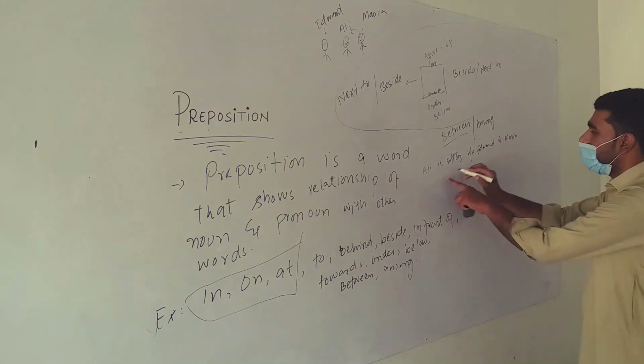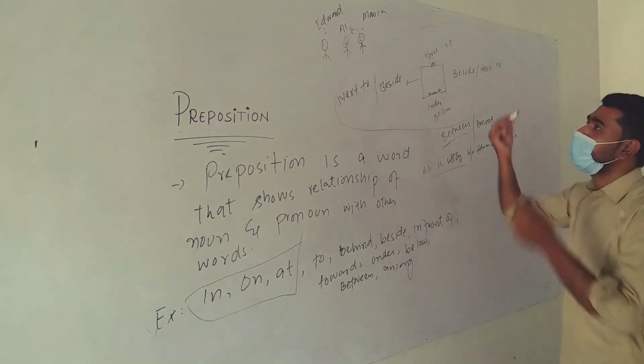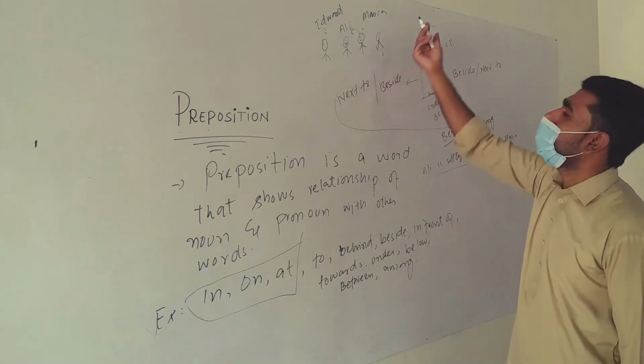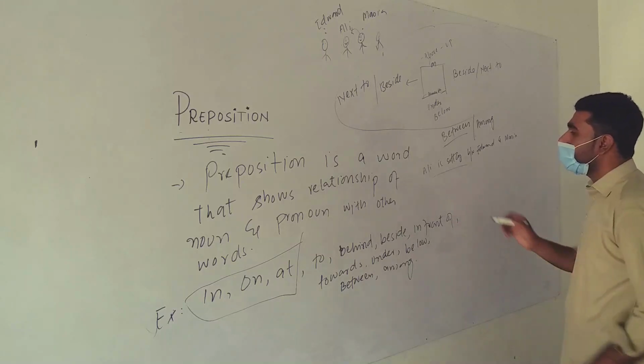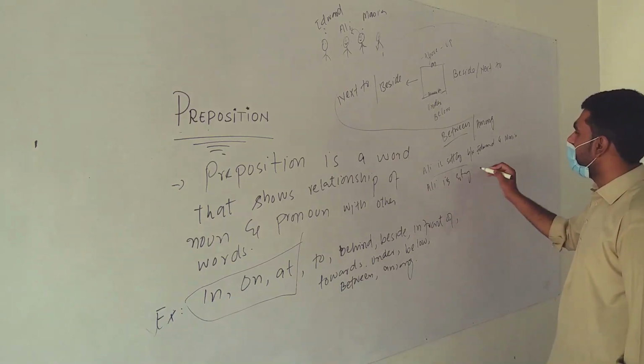So it became between two people. But if there are more people, more than 2 students, then we would say that Ali is sitting among the students.